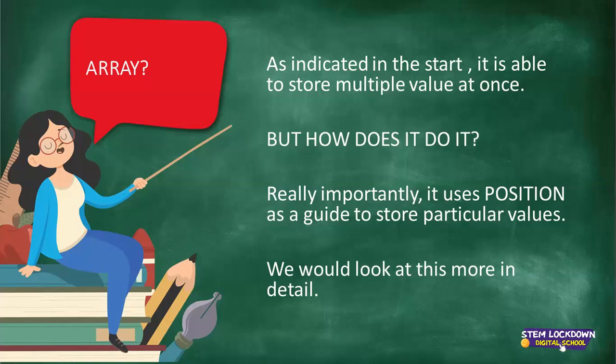So would an array store all 6 values? Yes. But how does it do it? That's the next question. Really importantly, how is an array able to store multiple values? It does it simply, guys, by using positioning as a guide to store particular values. We'll look at this in more detail. So let's move on.